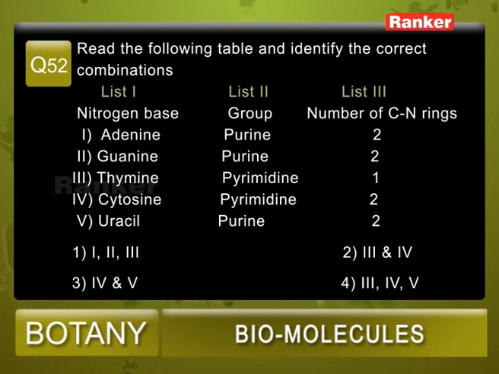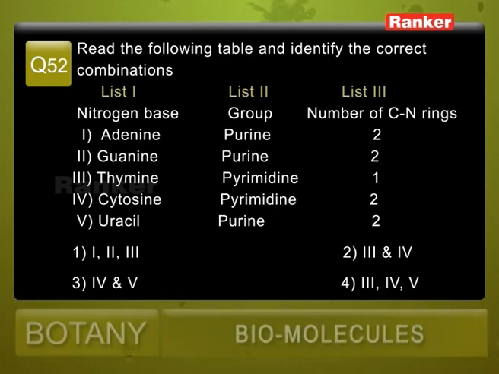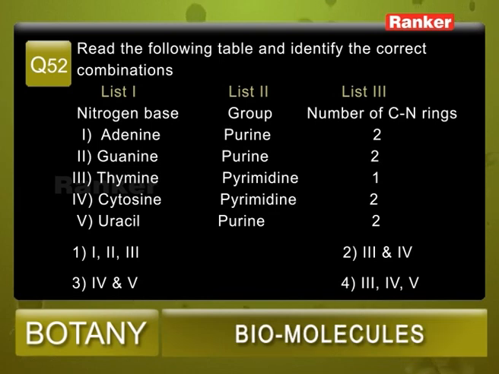Second one guanine, purine 2. Third one thymine, pyrimidine 1. Fourth one cytosine, pyrimidine and 2. Fifth one uracil, purine and 2. Okay, the options that have been given are first one 1, 2 and 3, second one 3 and 4, third one 4 and 5, fourth one 3, 4 and 5.